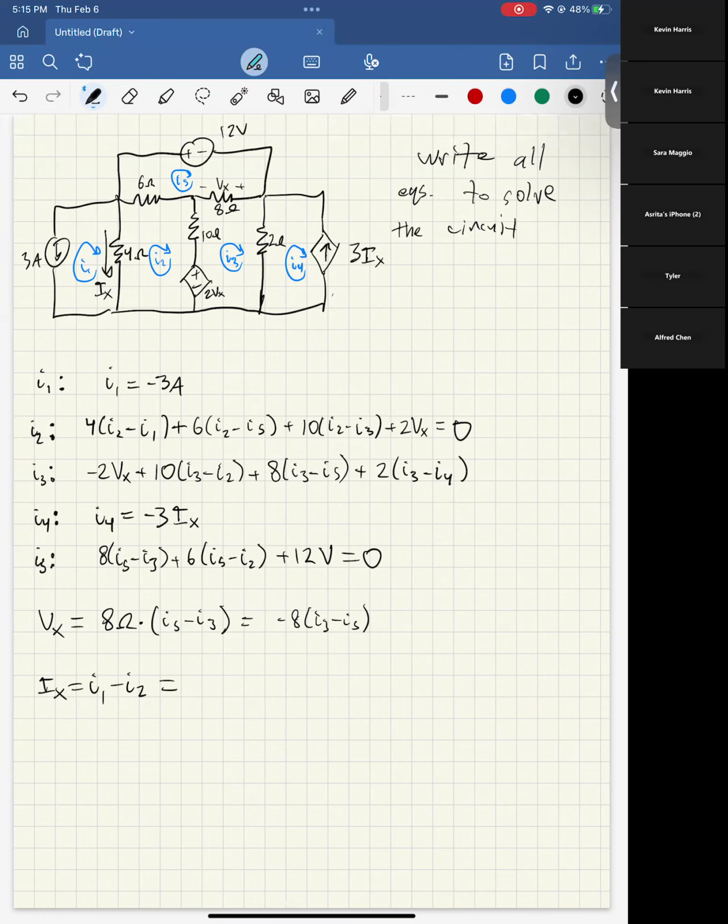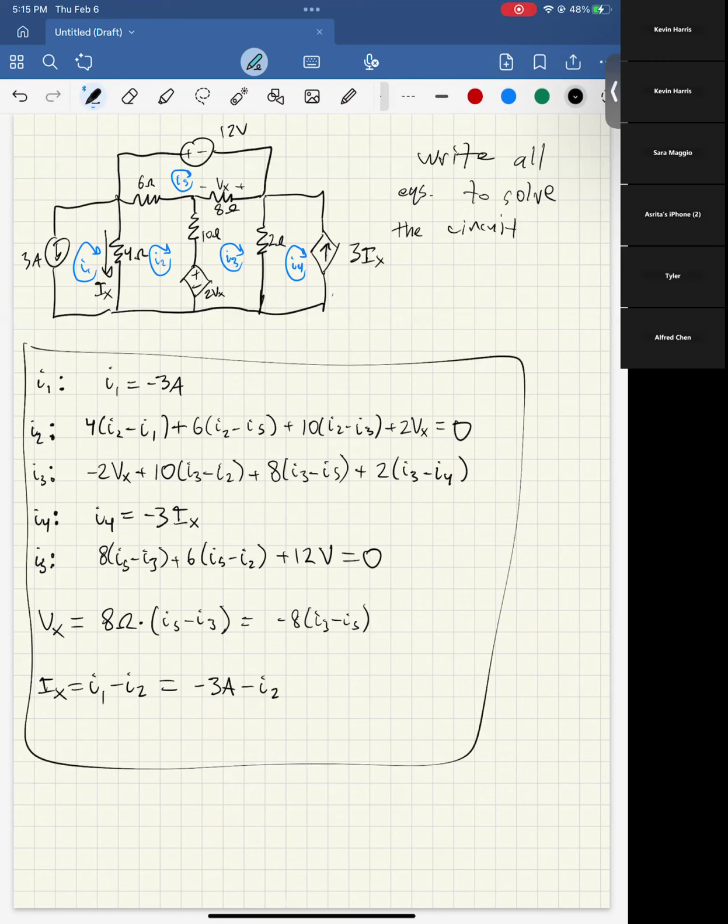You could also write this as negative 3 amps minus I2 because of I1. So there, that would be your question. You write all of these equations and you get your answer and you're happy.